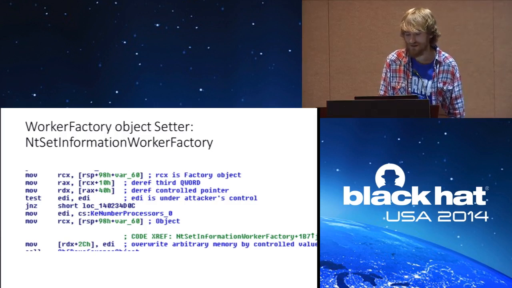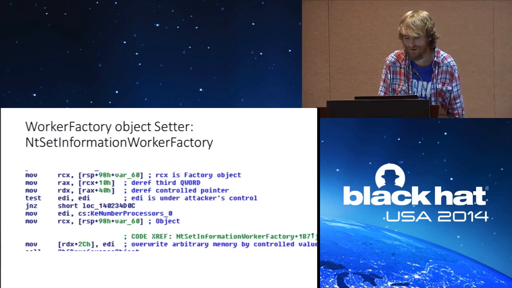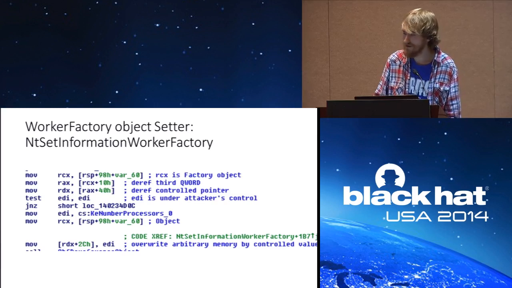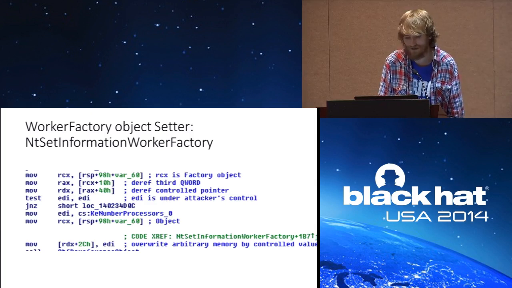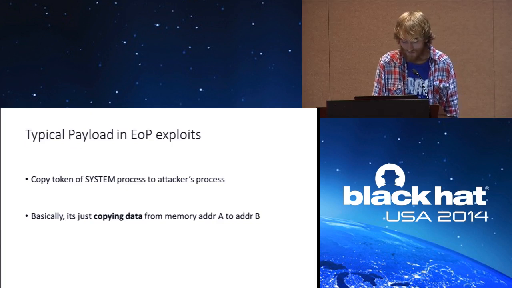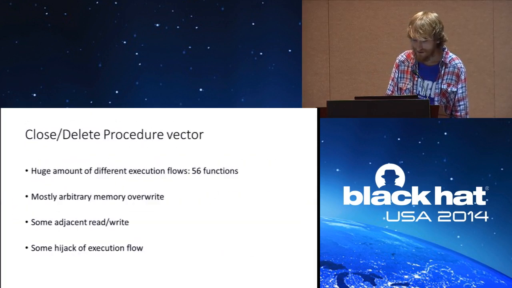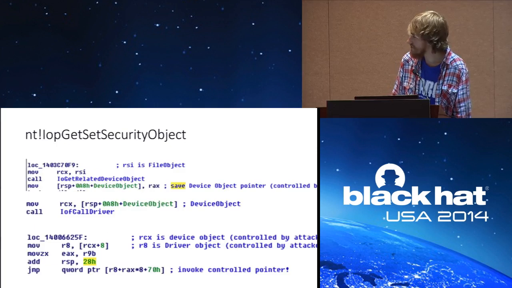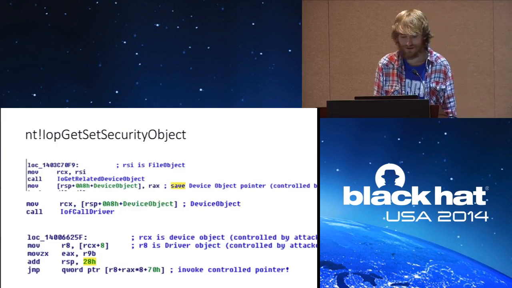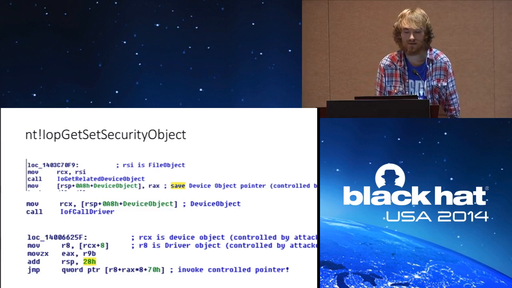It's pretty nice. So just one smashed worker factory object, and you can write to memory an infinite number of times. In fact, on this stage, when you hijack execution flow, most of you would say, okay, but it's already done.